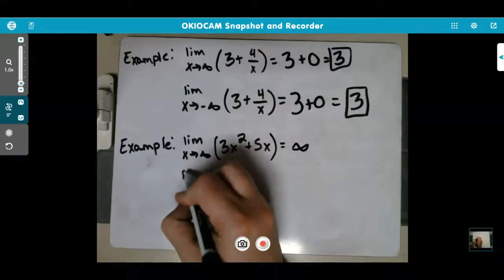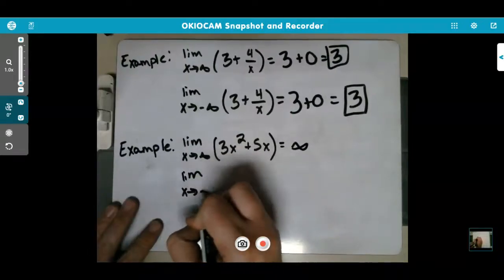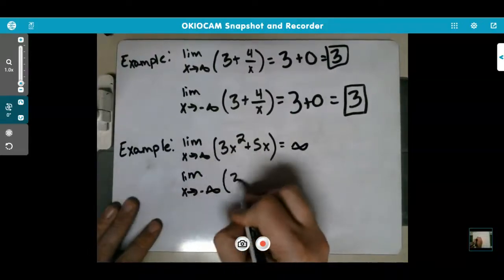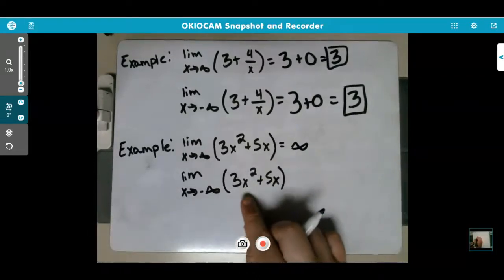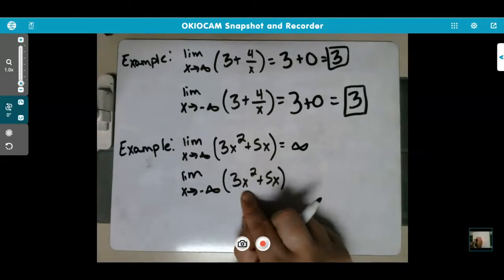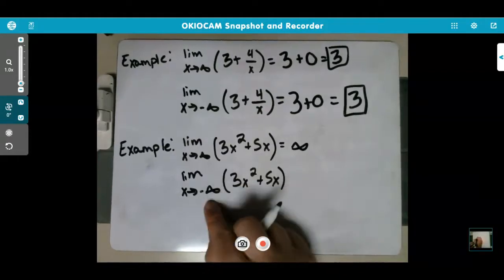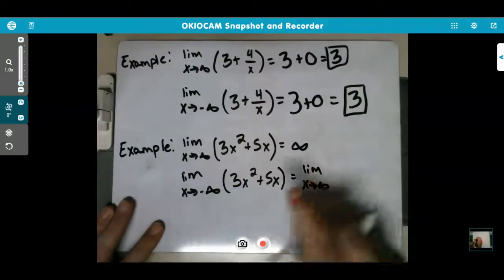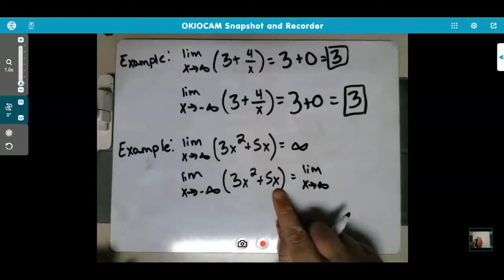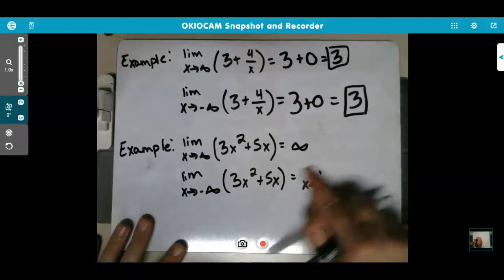Let's take a look at negative infinity and give that a good think. Now, for the first part right here, I have x squared, so since that's being squared, that can become positive. But I can't just write that this is the same as positive because this one's not being squared. So it doesn't work like that. We can't just do that.